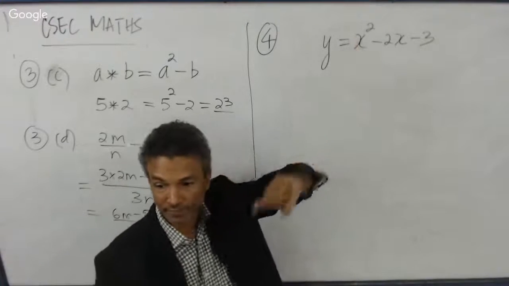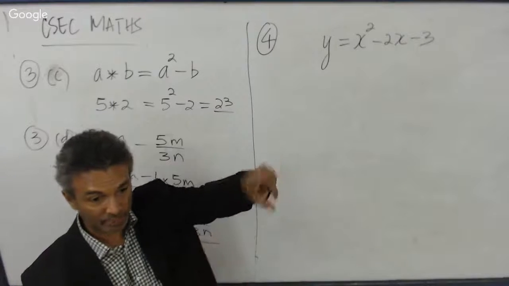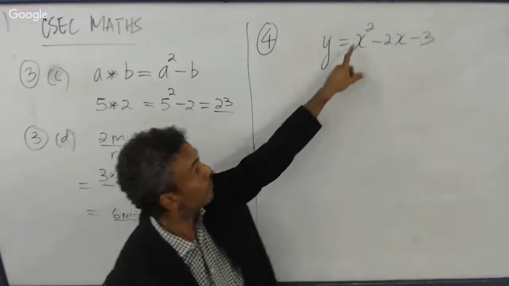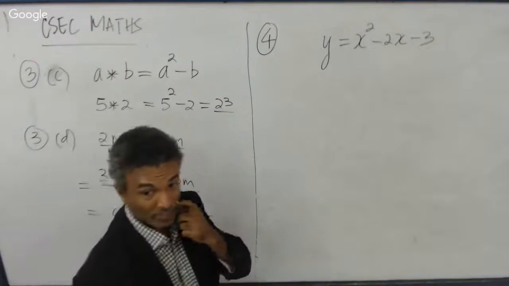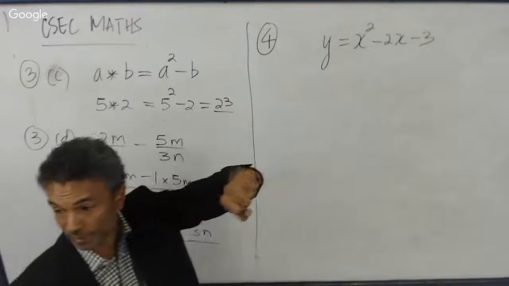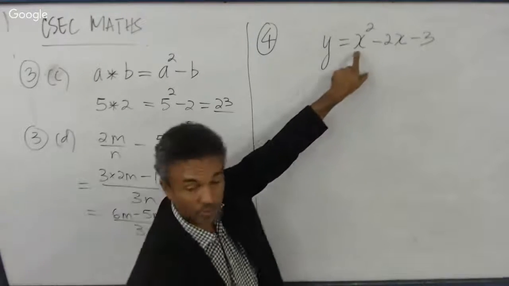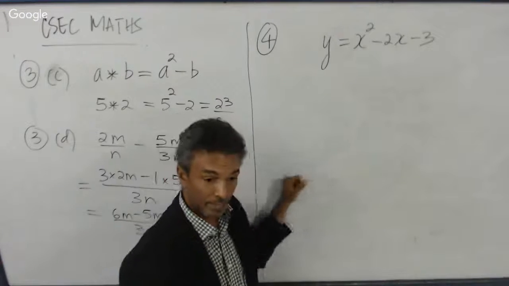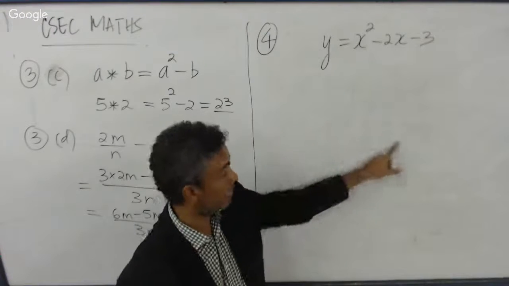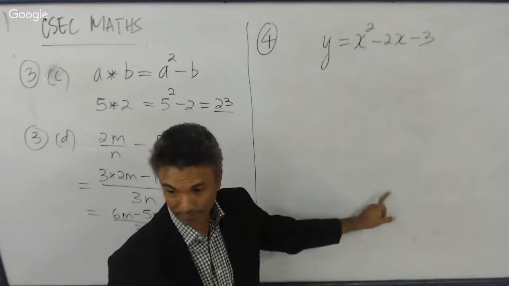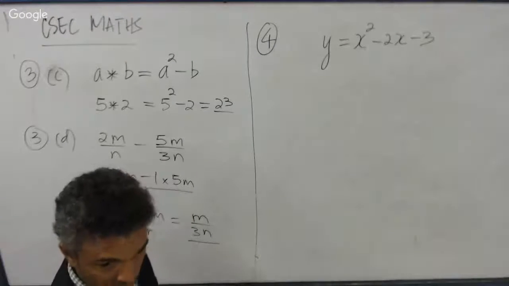When the coefficient of x squared is positive, you get a smiley curve. Positive x squared, smile; negative x squared, you get a frown. So before you even draw it, you know that x squared will have a smile, a minimum. If it was a negative x squared, you get a maximum. Positive is smile.